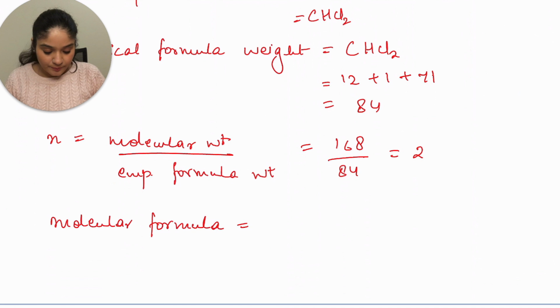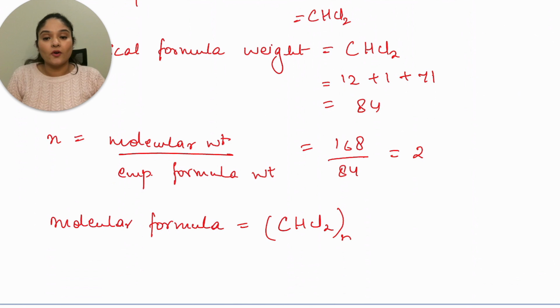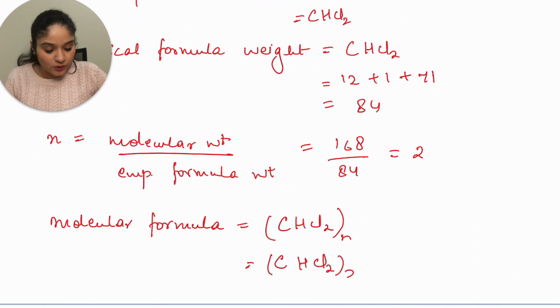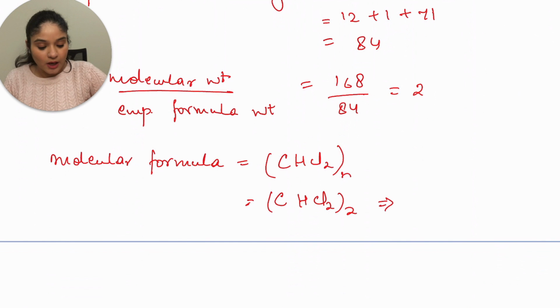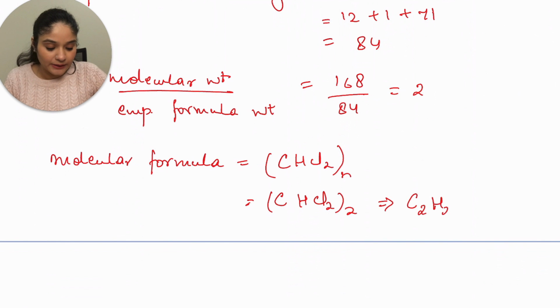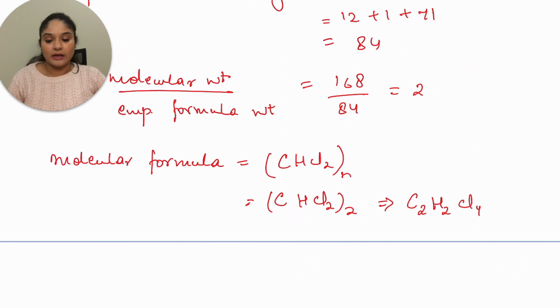So the molecular formula is the empirical formula CHCl2, whole to the power n. Now this n is the n you just calculated. So you put that in the formula. So now it becomes (CHCl2) whole twice. Now open the brackets. You will get C2H2Cl4. And this becomes your molecular formula.